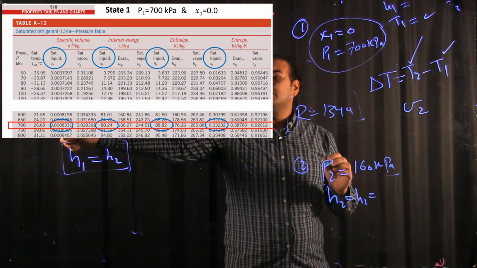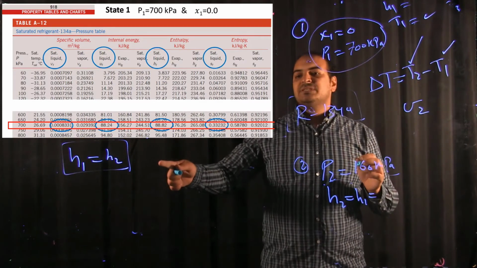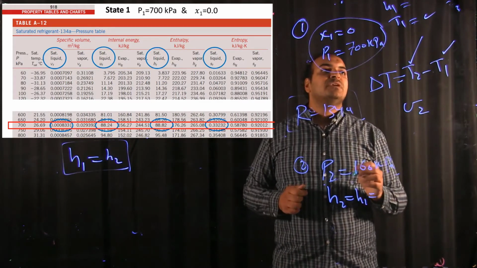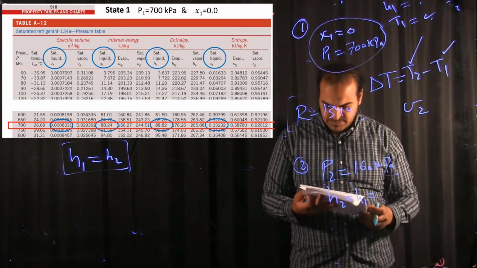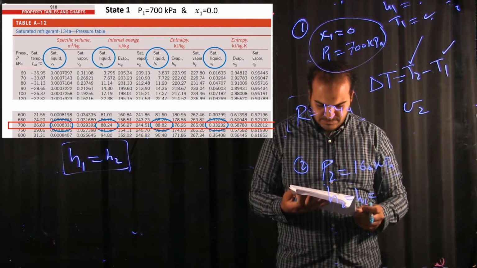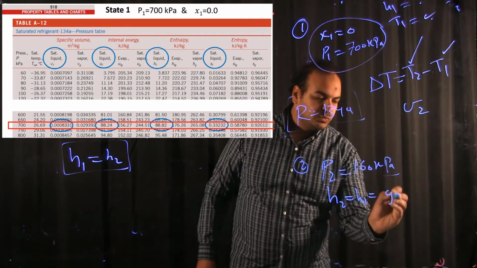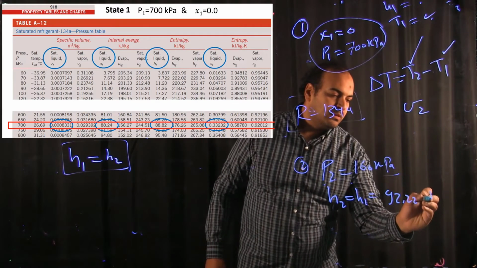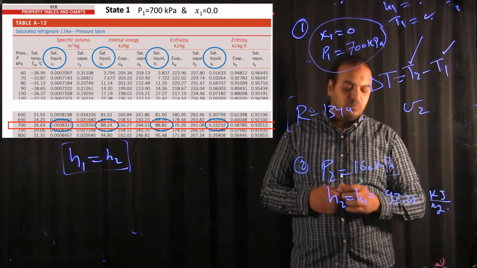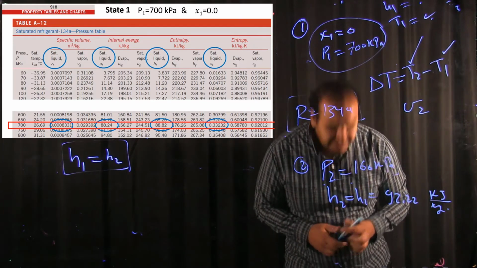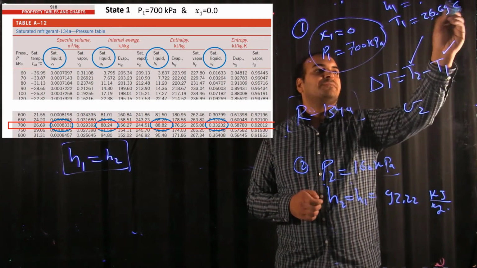And H1, which is this guy here. So get H1, and H1 is exactly H2, which was 92.22 kilojoule per kilogram. And T1 was 26.69, just Celsius, of course.